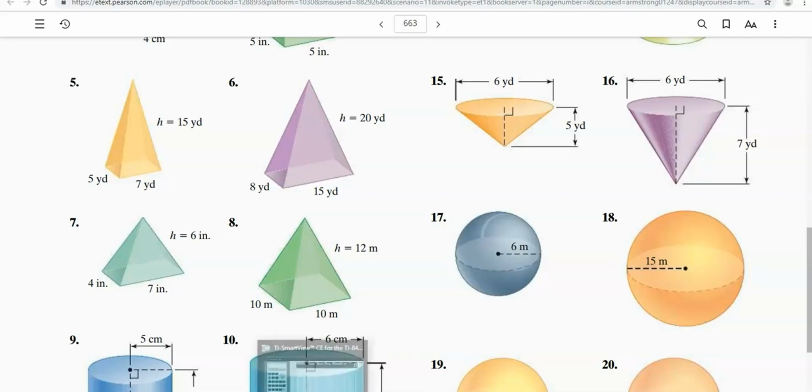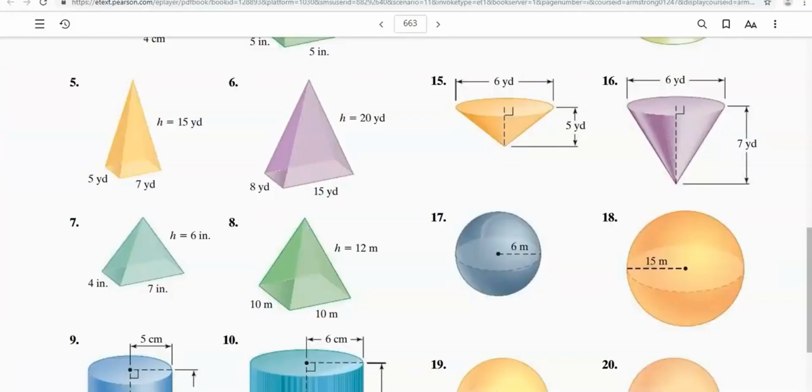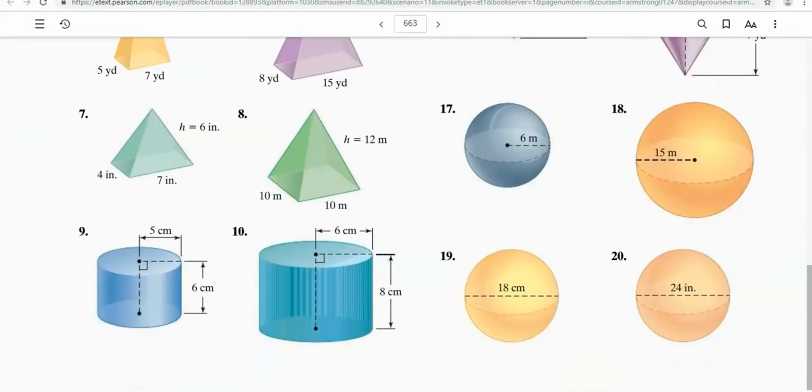So pyramids are all made up of triangles except for your base shape, whatever that might be, the bottom of the pyramid. So a cylinder, again, it is a prism in disguise, but the top and bottom of it are made up of circles, which is why you see the pi r squared there. Because what's the area formula for a circle? Pi r squared.